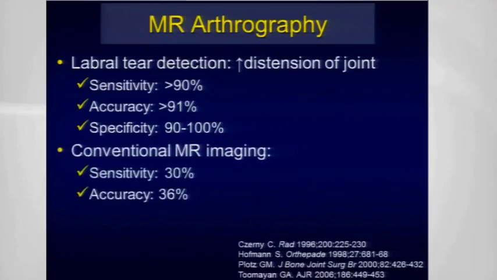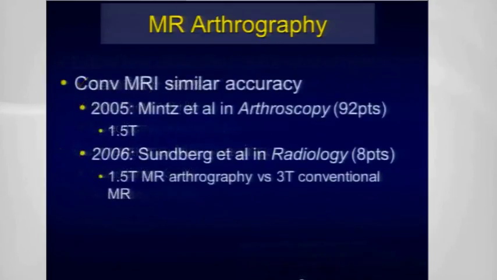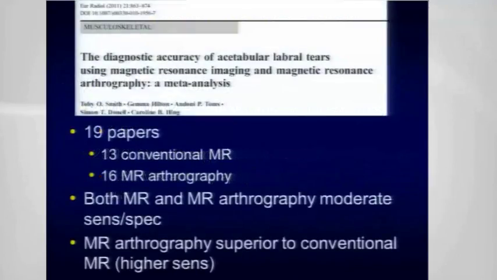Looking at the older literature with conventional MRI, we're not very good. However, recent studies have shown MRI has similar accuracy to MR arthrography, using either 1.5 or 3 Tesla imaging. We'll look at another paper and further assess which you may prefer.